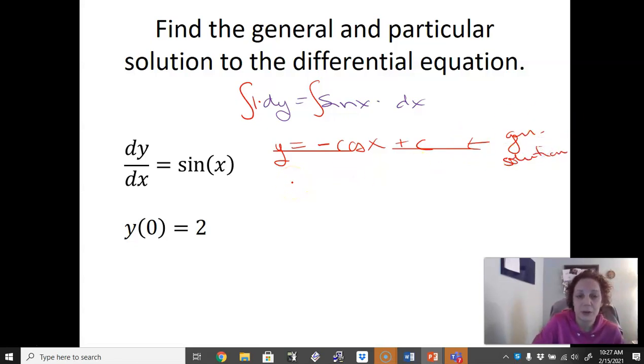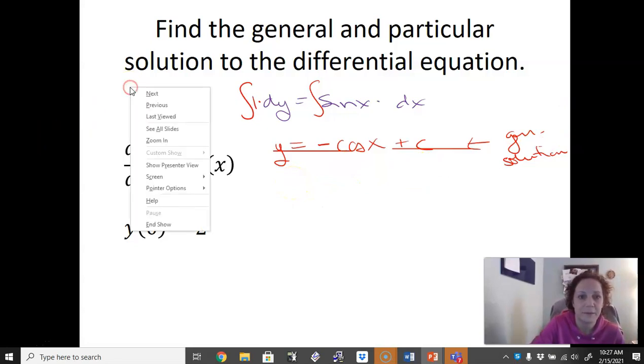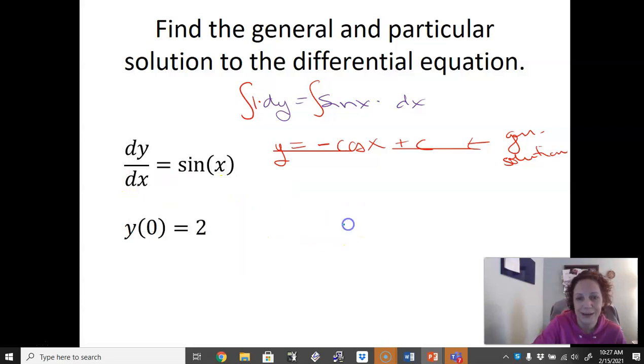So now that I have my general solution, let's plug in and find our particular solution. Let's do it in green. Okay, so I know that when x is 0, y is 2. So I know that 2 has to equal negative cosine of 0 plus c.